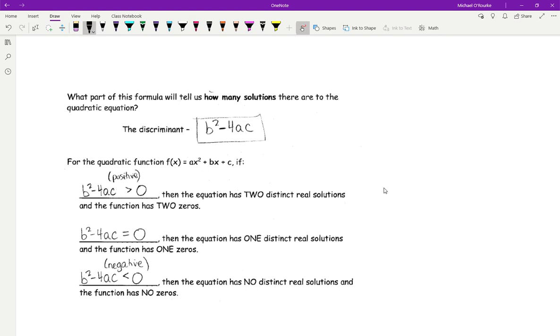What I want you to do here is something called the discriminant, okay? And the discriminant tells you how many zeros it has. And in case you're wondering how many zeros is, how many times does it cross the x-axis? It may cross 0 times, it may cross 2 times, or let's see if I can make one up that crosses.